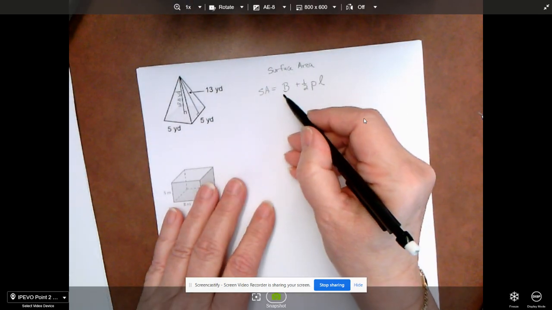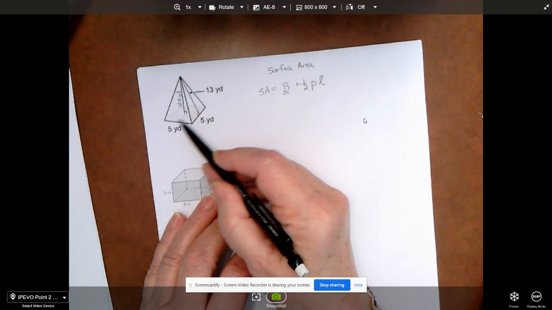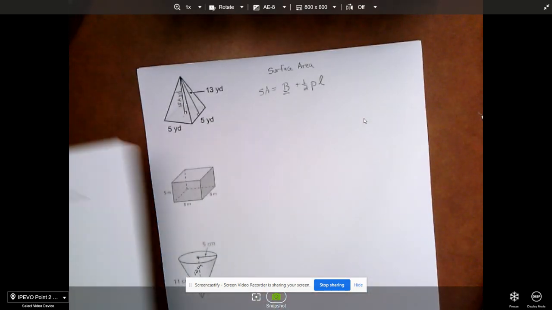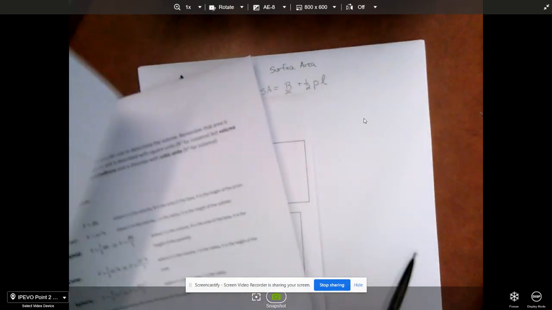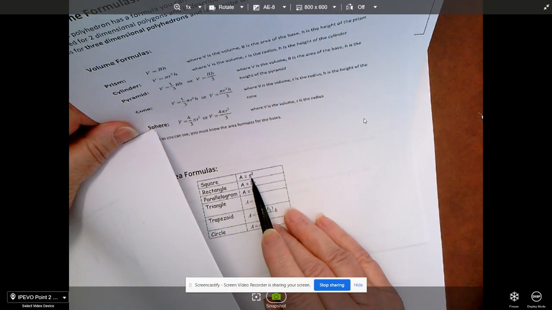All right. Well, I need to know what the area of the base is. Well, this is my base. It's a square because this is 5 and this is 5. Again, if you don't remember your area formulas, they are in your notes. You can go right here and say, oh, the area of a square is the side squared.